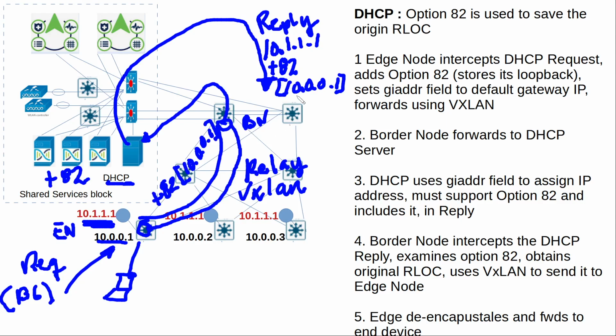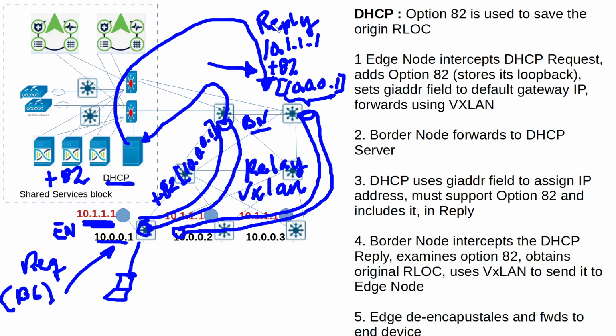So the border node will receive this reply from the DHCP server, and it is going to intercept that message, and it is going to read what is inside option 82. By doing so, the border node will have enough information to build a VXLAN tunnel for the reply. So it will send this reply to this IP address that is inside option 82.